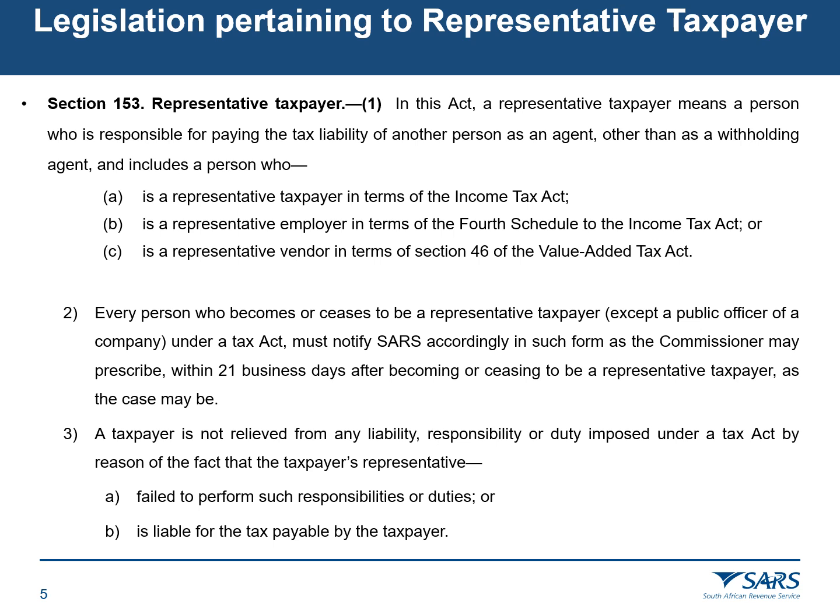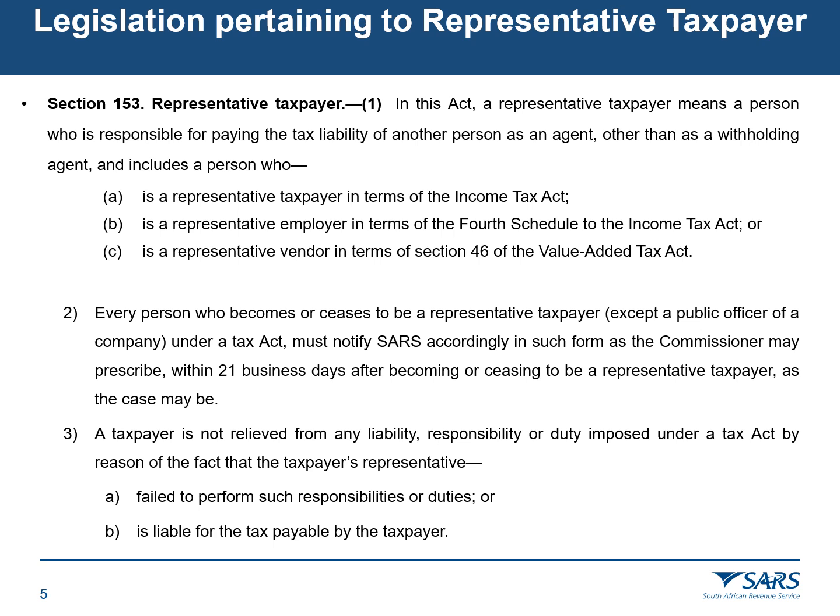Every person who becomes or ceases to be a representative taxpayer, except a public officer of a company under a tax act, must notify SARS accordingly, in such form as the Commissioner may prescribe, within 21 business days after becoming or ceasing to be a representative taxpayer, as the case may be.